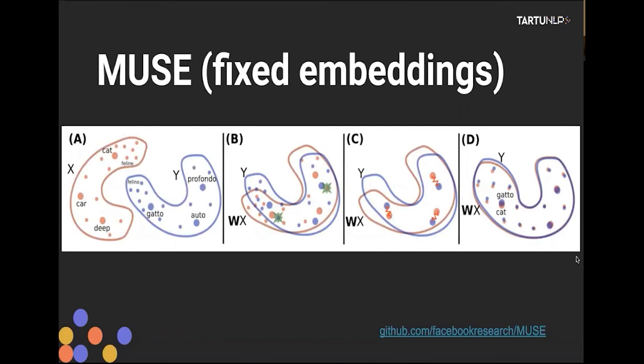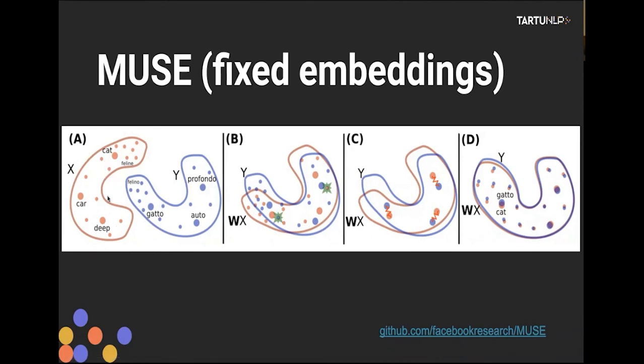One premise for this interlingual thing is work by Facebook researchers from a couple of years ago on unsupervised alignment of embedding spaces, even though that began with fixed embeddings. So with fixed embeddings like word2vec or fastText, they showed that you can take the embedding space, which is shaped in a particular way.